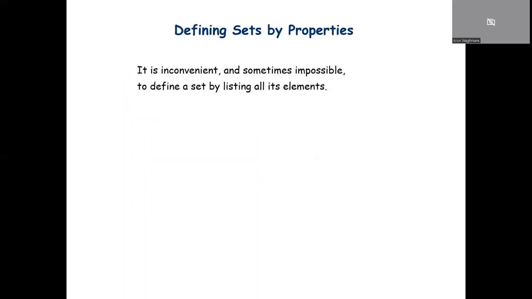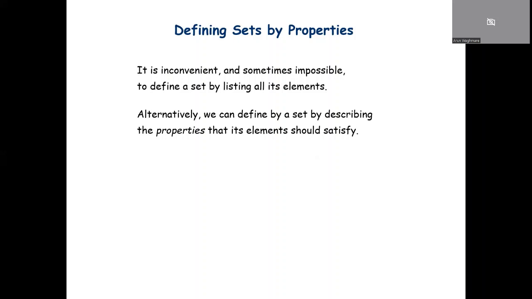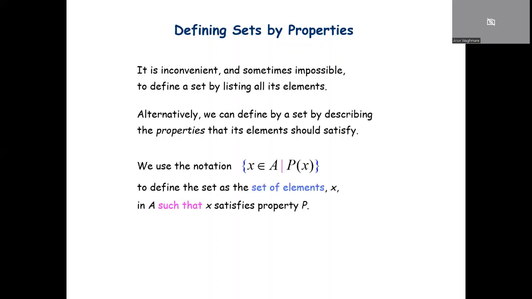Now, defining a set by properties. It is inconvenient or sometimes impossible to define a set by listing all its elements. Alternately, we can define a set by describing properties that its elements should satisfy. We use the notation {x ∈ A | P(x)}.